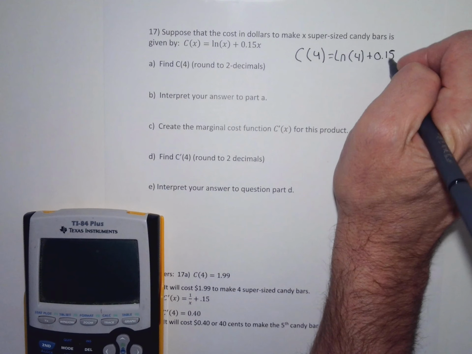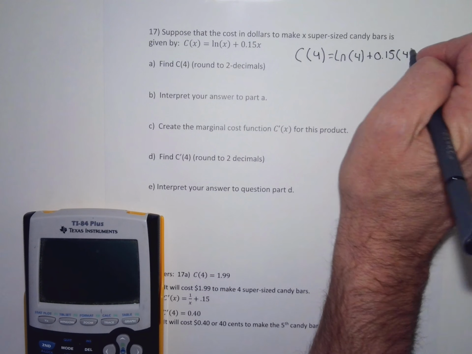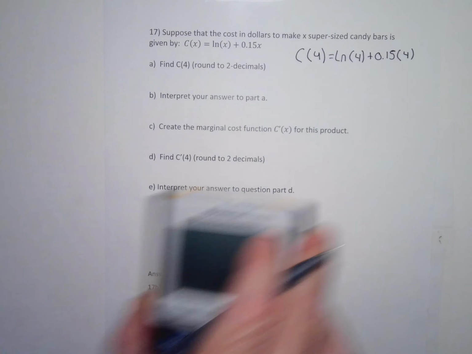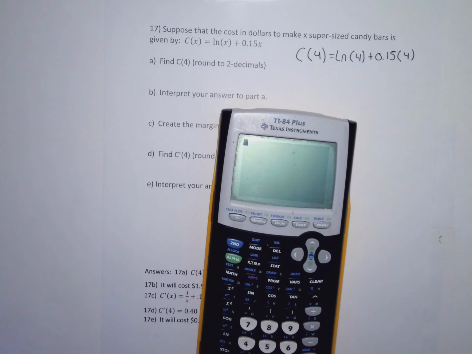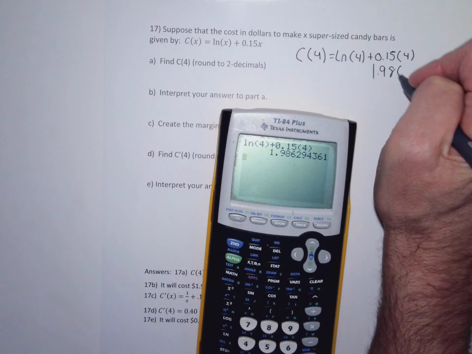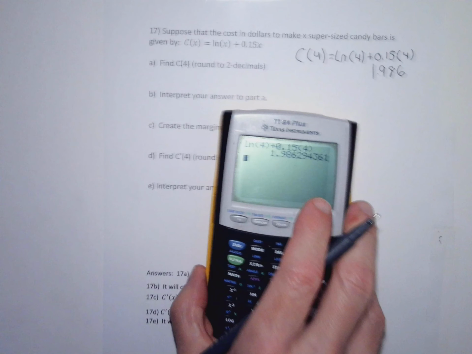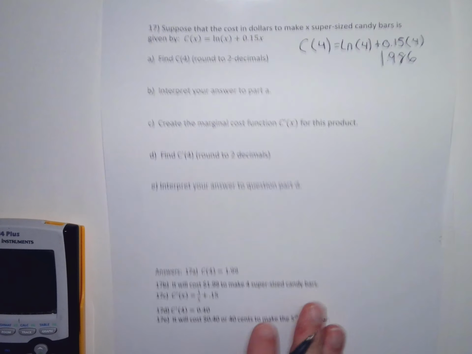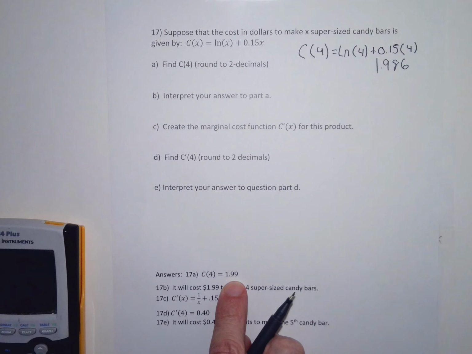I need to round to 2 decimals, definitely, because costs are money, and money has just 2 decimals once for change. So I do the ln of 4 plus 0.15 times 4, and I get 1.986. I'm going to round that to $1.99. So for my answer to C of 4, I just wrote $1.99 down here without any explanation, without even the dollar sign.